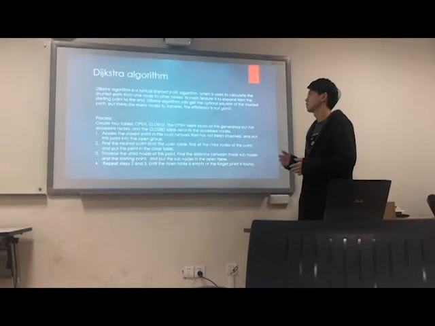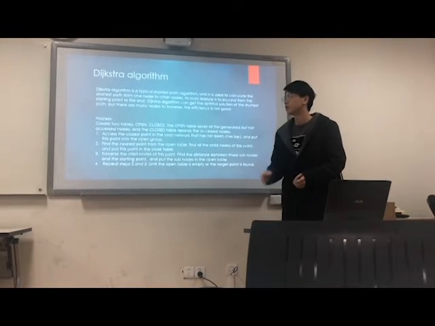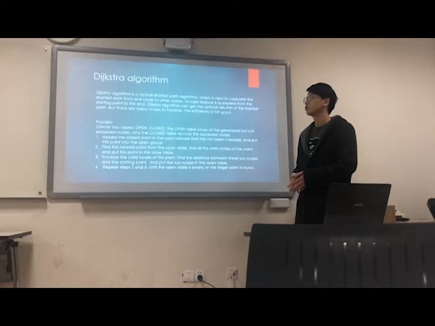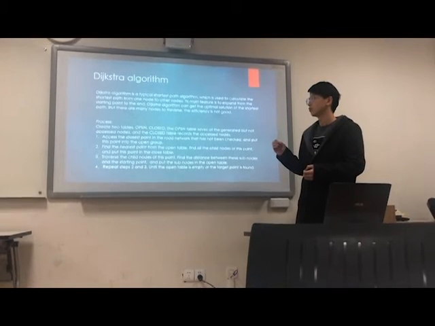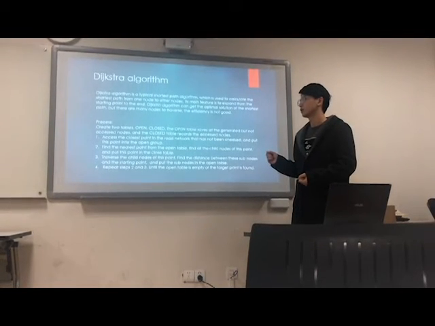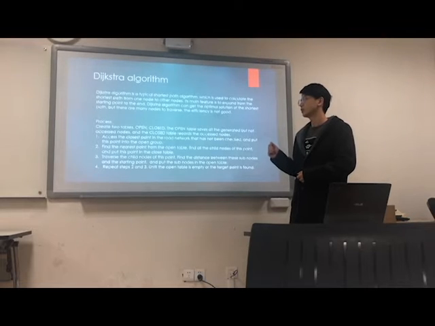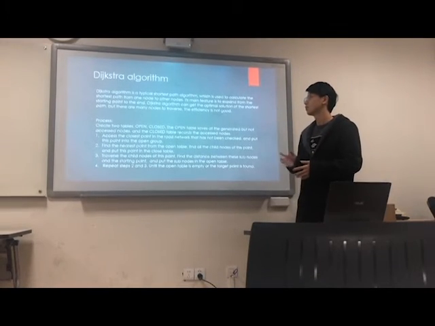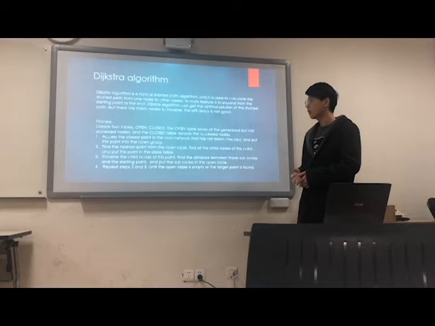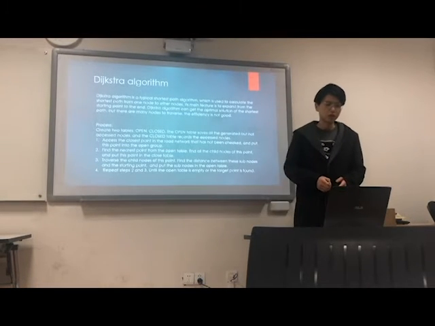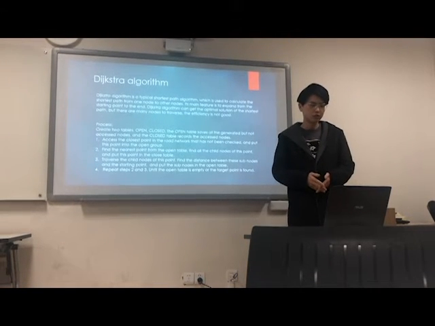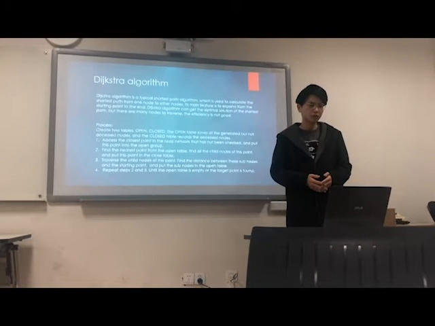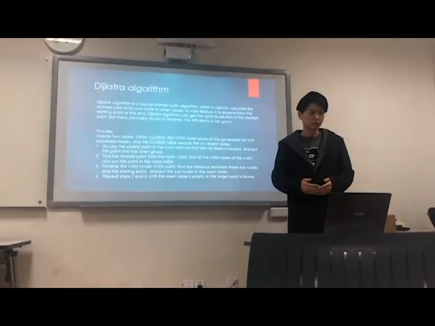The efficiency is not very good, and the process of this algorithm is to create two tables, an open table and a closed table. The open table saves all the generated but not visited nodes, and the closed table records the visited nodes.